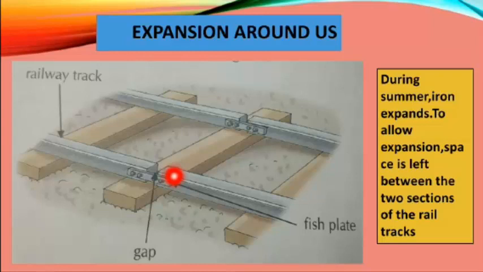The gaps are left between two sections of the railway tracks for expansion because during summer the iron, that is solid, expands on heating and it fills the gap. So children, this is an example around us that solid is expanding on heating, and that's why there are gaps left between the railway tracks.